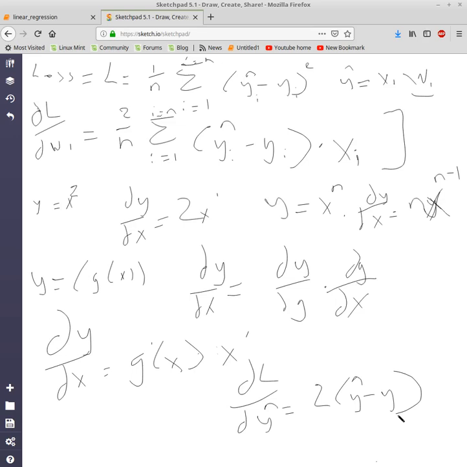So for one x, we wouldn't use the sum. The loss would just be like this, because this part is the sum and average. So the derivative of this is, you just take the 2 down to the front and you do 2 minus 1 here.